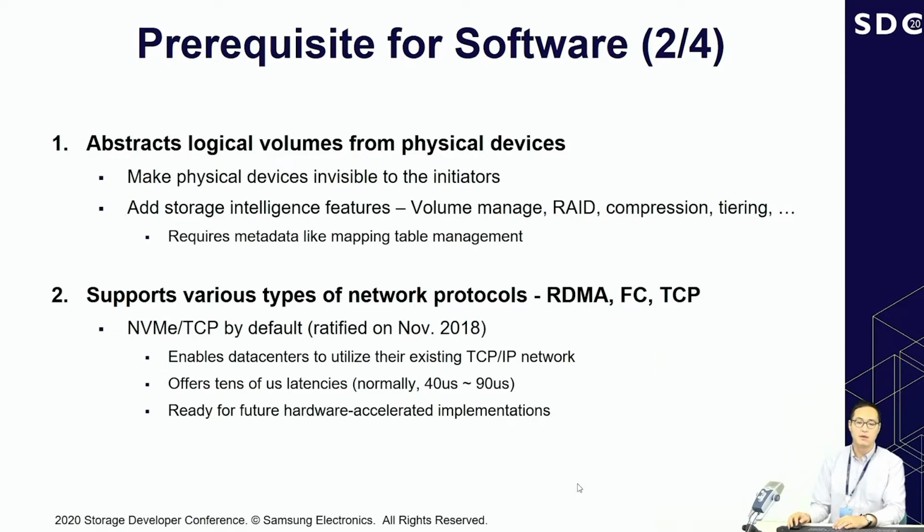TCP is slower than both RDMA and FC, but it can offer reasonable latencies. And recently, SmartNICs, which offer NVMe TCP offload functionality, have been emerging. With SmartNIC, we can shorten latency at lower cost.